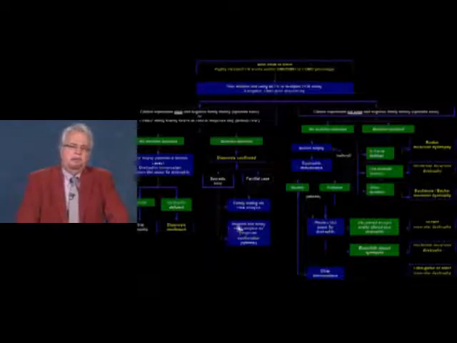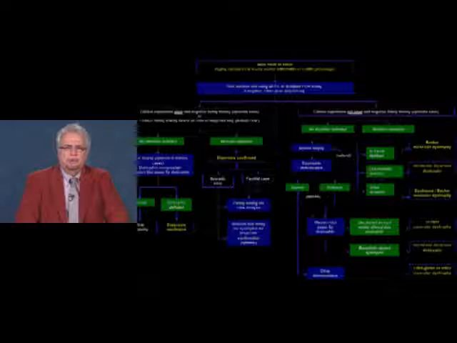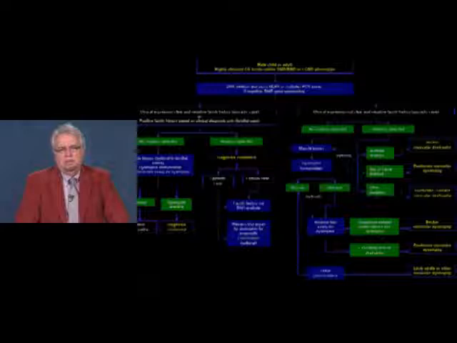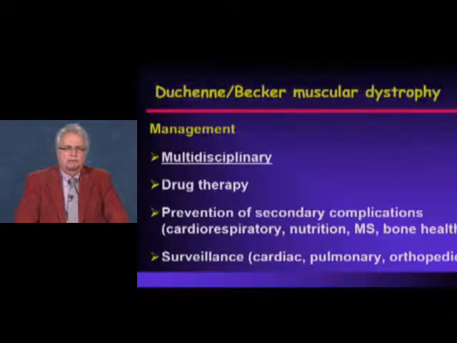In rare cases, you may have to do a biopsy if the results of the genetic testing are ambiguous, or if the family wants to have another confirmatory test. That may be a reason for doing another muscle biopsy. But again, the number of muscle biopsies has decreased significantly during the last 10 years.